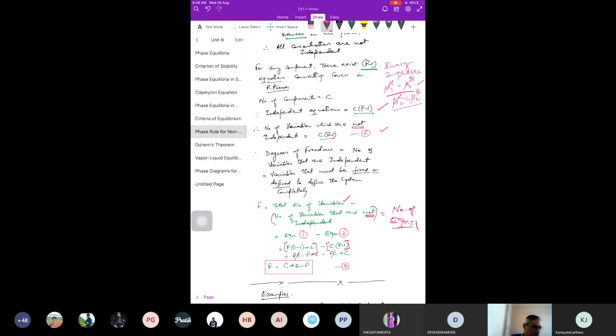So components are 2, phases are 2 minus 1 or into p minus 1, 2 minus 1, that is equal to 2. Right? That is what I am writing, c into p minus 1. So for a two component binary system, I get two equations which restrict the number of variables I can define.